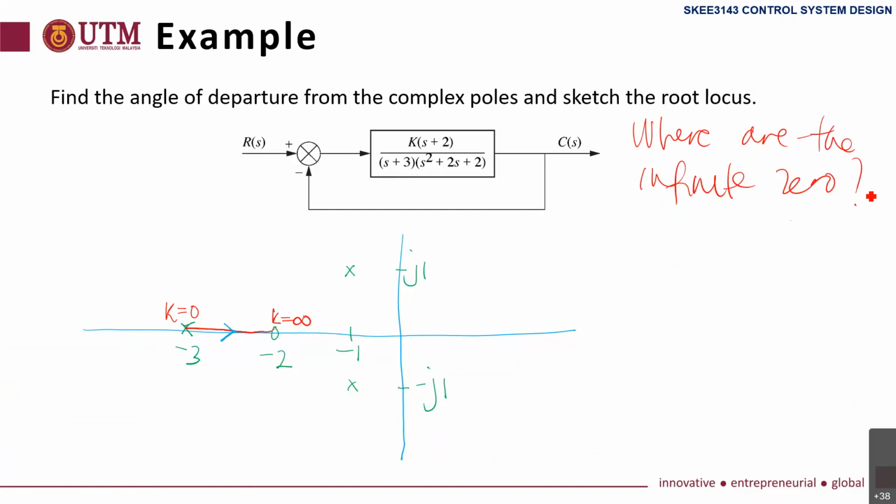Yes. To find the number of asymptotes. Then number 2 is we find the real axis intercept. And the other one, we find the angle. Okay. So rule number 5 is also related to finding asymptotes.